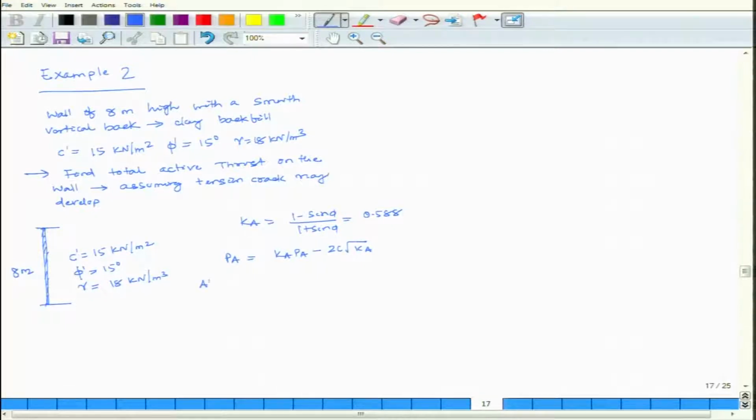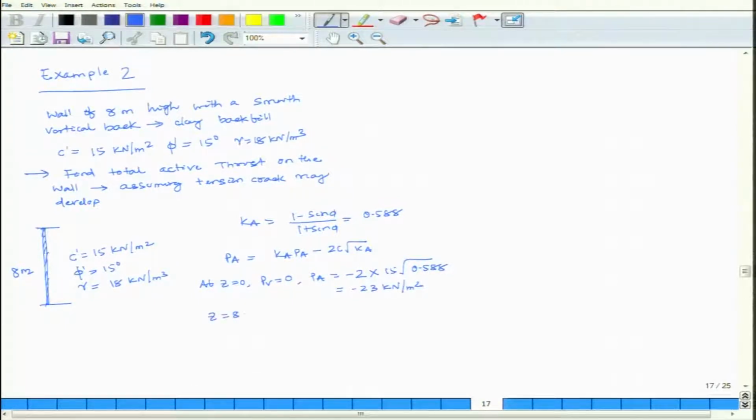So, at Z is equal to 0, Pv is equal to 0, then Pa is equal to minus 2 into 15 into root over of 0.588, which is equal to minus 23 kilonewton per meter square.